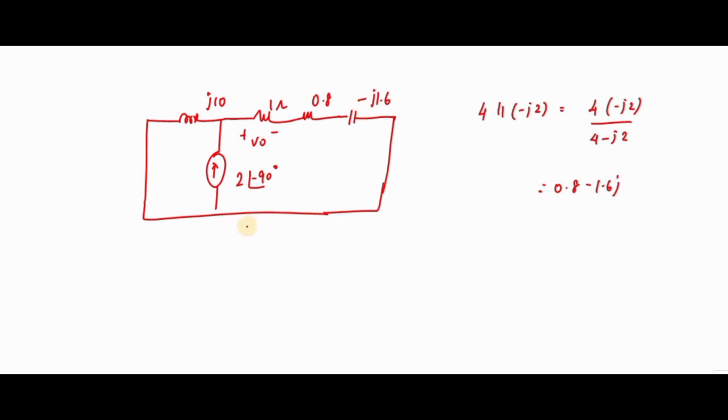This current is divided across this branch and this branch, so I can apply the current divider rule. Let me term this current I2. I2 is equal to the total current, 2 angle of minus 90 degrees, times the opposite resistance, j10, divided by j10 plus 1 ohm plus 0.8 minus j1.6.